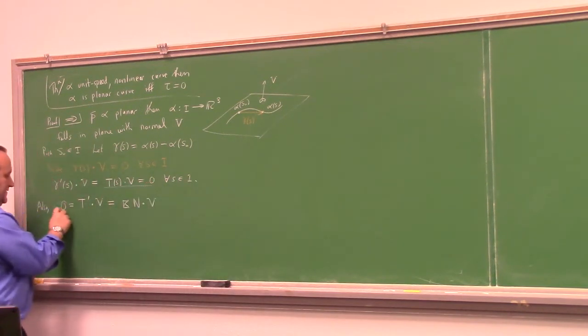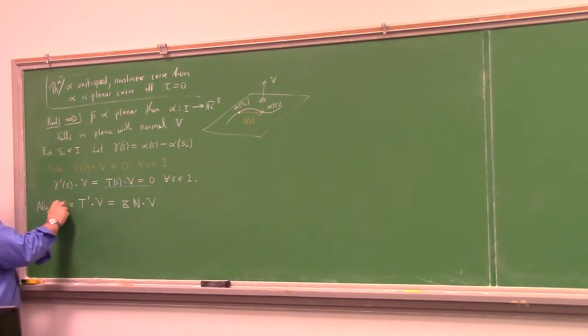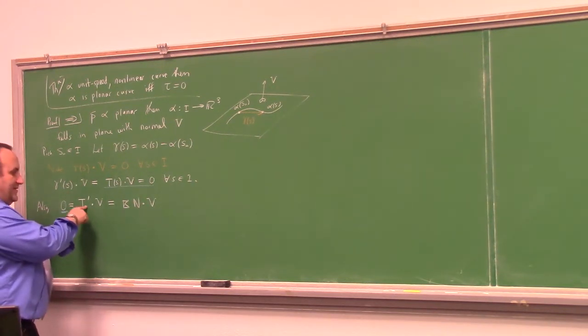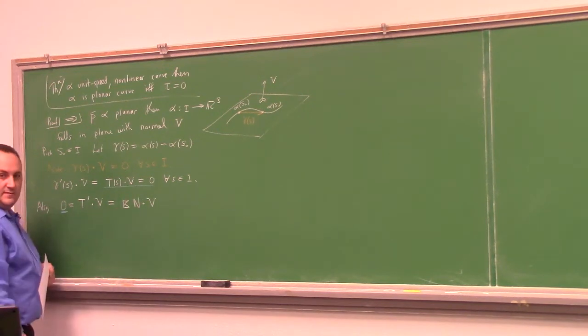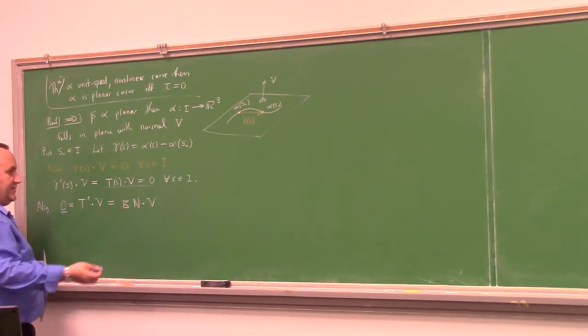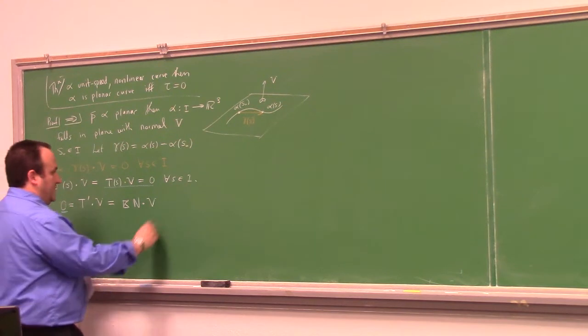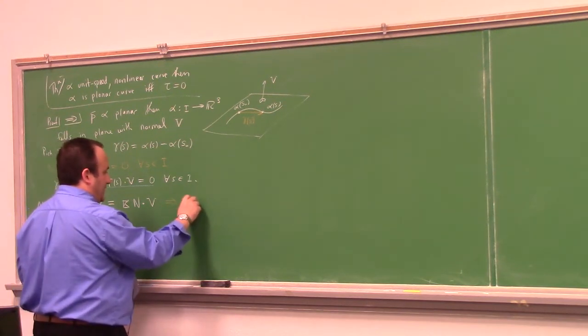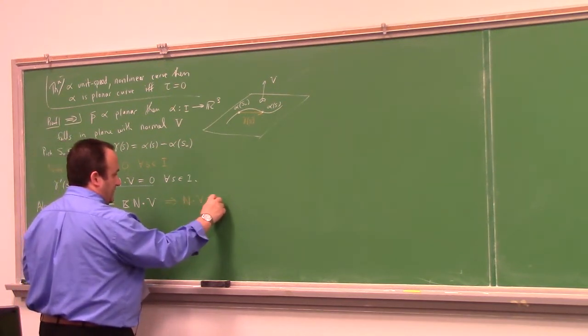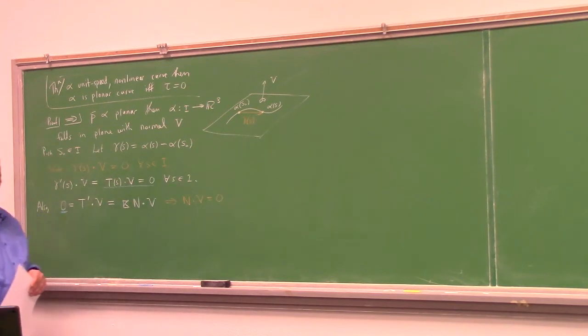That's why I know that this is 0. And then I'm using the Frenet-Serret equation to trade my T prime for kappa n. So what's this tell me? This shows me that n dot V equals 0.